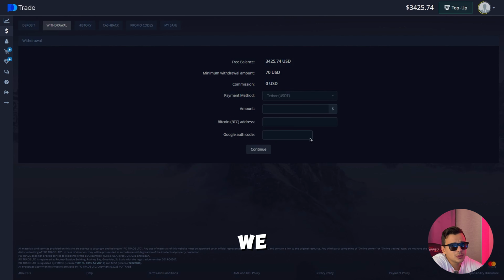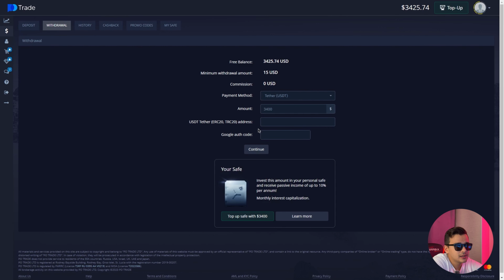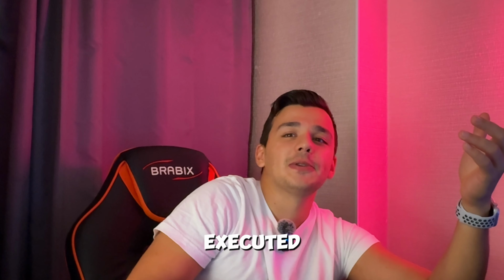Let's choose a wallet. We will have $3,400. Insert the link, enter the code, and our operation is successfully executed.